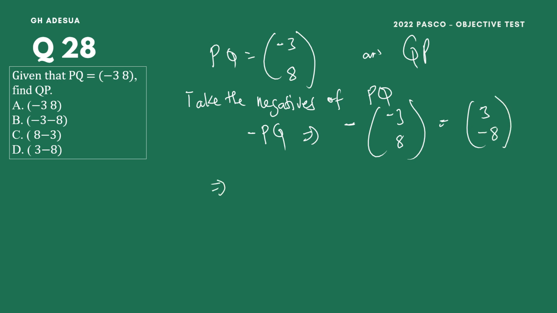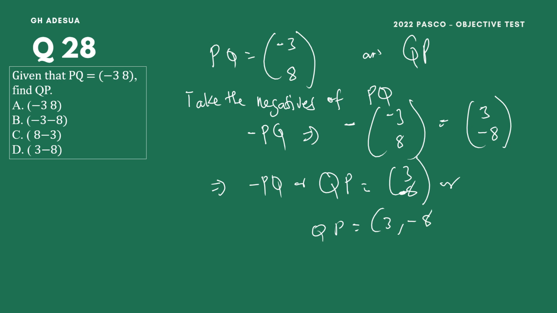Therefore negative P, which is what we are looking for as QP, equals (3, negative 8). And that is our option D.